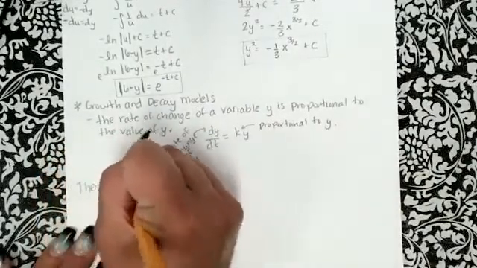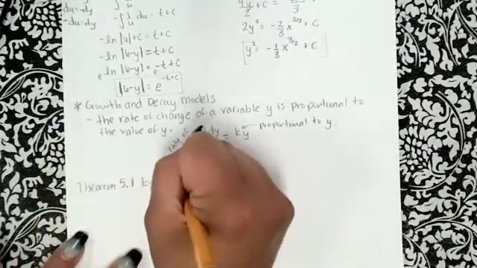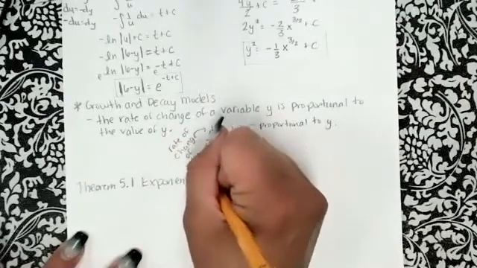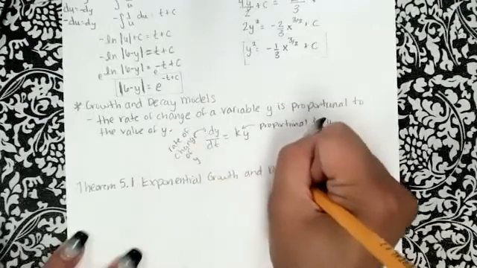Theorem 5.1, exponential growth and decay model.